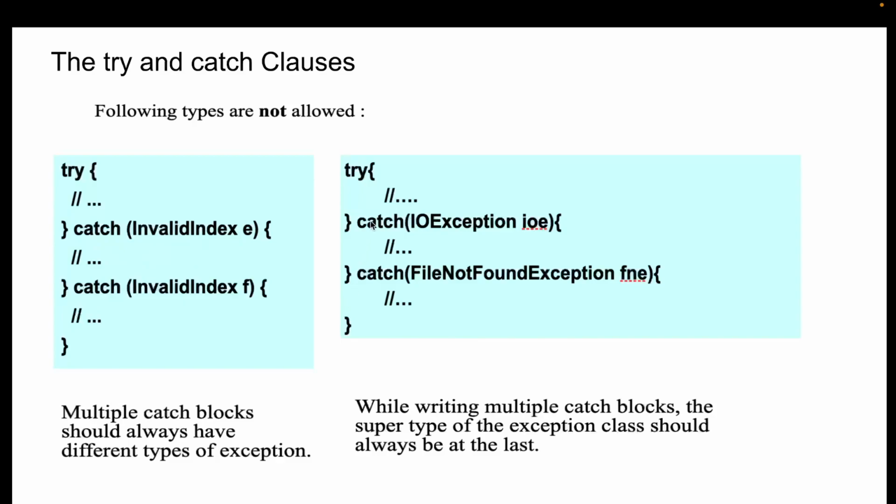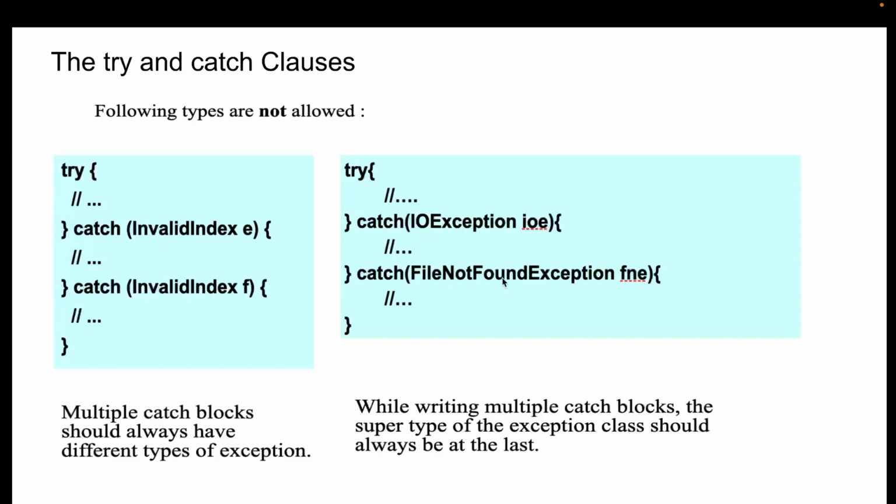Now see the right hand side of the example. There is one try block and then there are two catch blocks, and the first catch block is IO exception and the second is file not found exception.